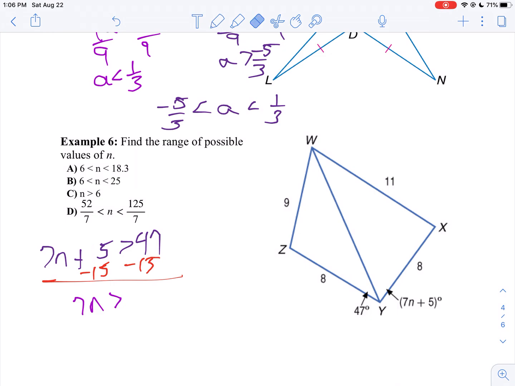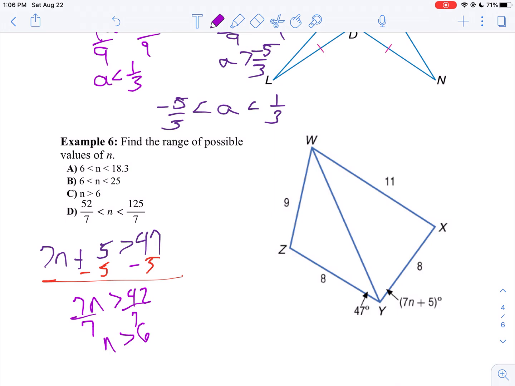That's a 5, isn't it? Try that again. Minus 5. So 47 minus 5 is 42. So divide both sides by 7, and n is greater than 6.